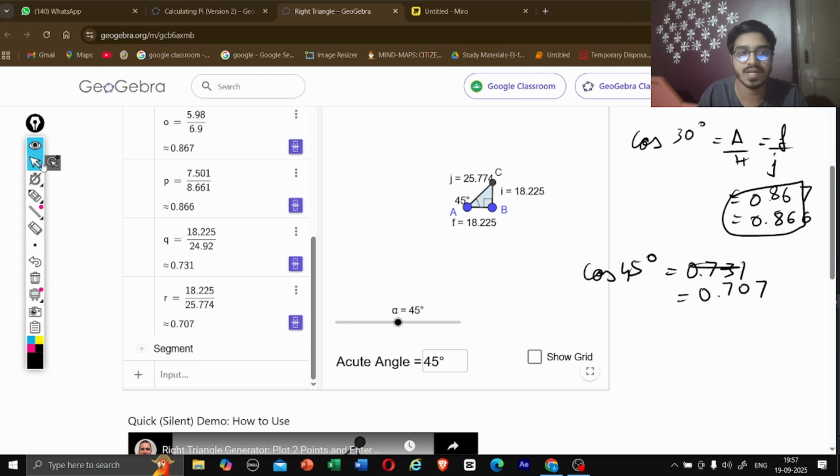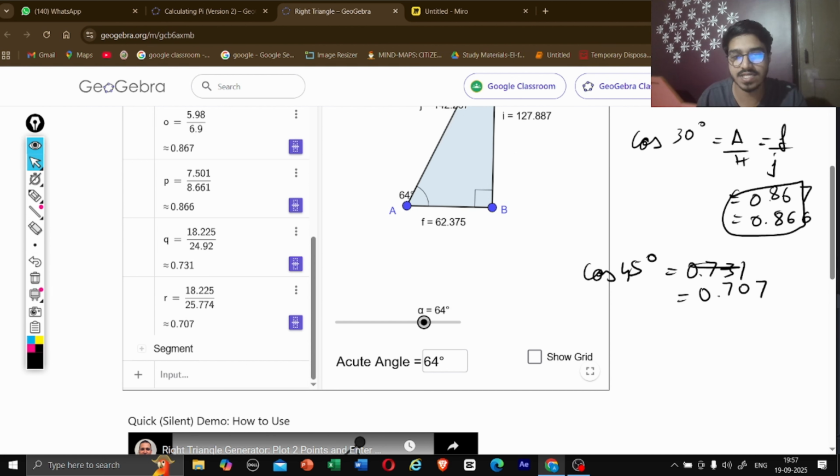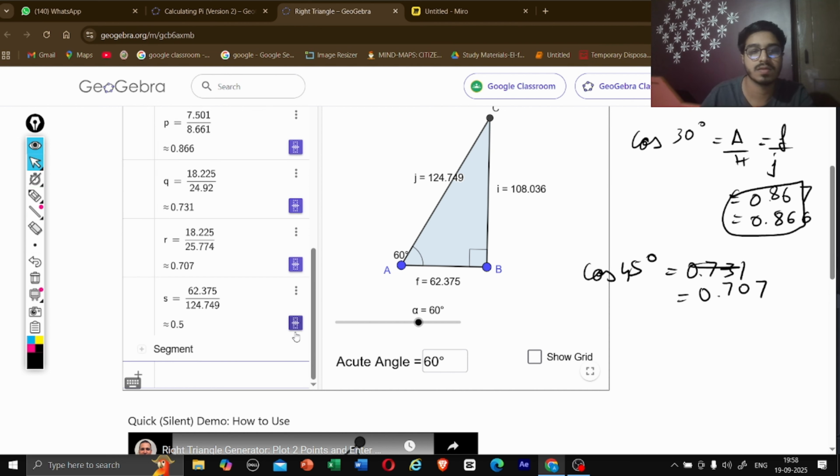Now let me take the angle as 60 degrees and do adjacent by hypotenuse, that is 62.375 divided by 124.749, which is 0.5.